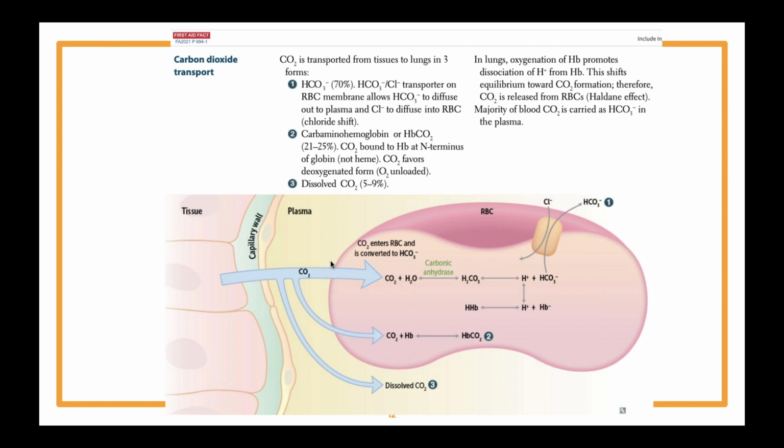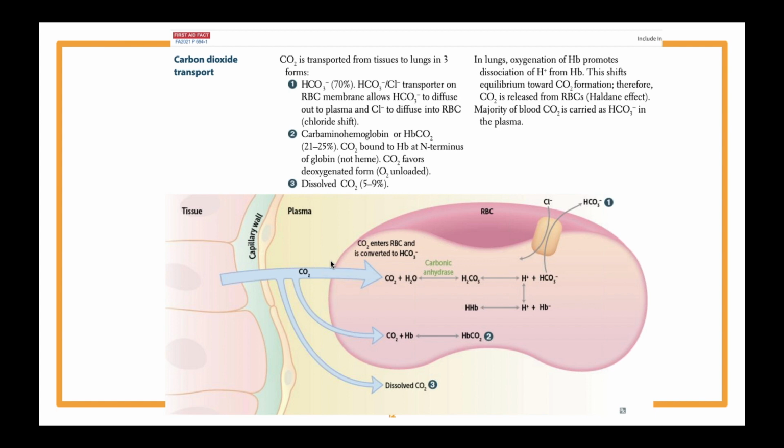You can see there that CO2 gets converted via carbonic anhydrase to bicarbonate, okay? And so there it's clear to see that CO2 is a substrate for the enzyme carbonic anhydrase, okay?